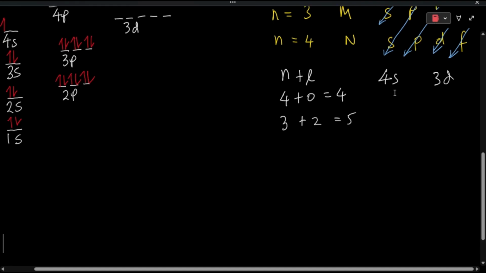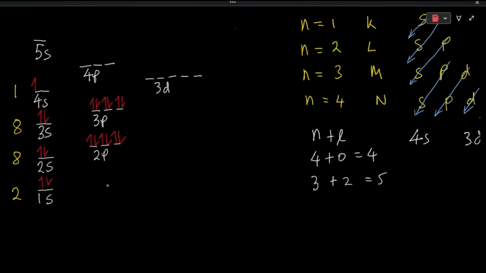So if we are to compare the 4s orbital with the 3d orbital in terms of its energy level, we would realize that the 4s orbital, guided by the n plus l rule, has a lower value compared to the 3d orbital. So the 4s orbital will be filled first before the 3d orbital.